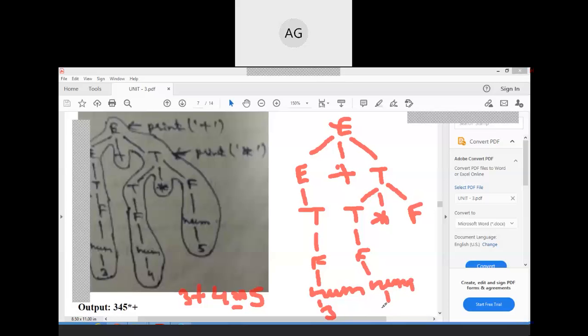Here the second value is 4, and from F we get F produces num, and from here we get the value 5. So this is the parse tree we make from the following productions, and now we are going to take the actions which correspond to those productions.